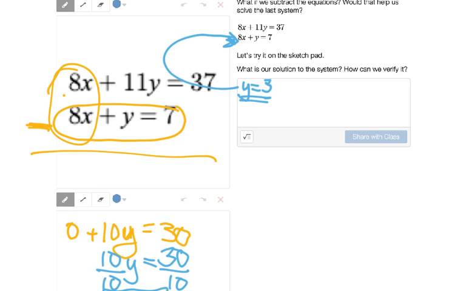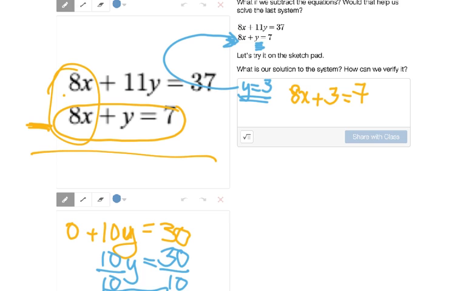I could do either one, but I'm going to use the second equation. So take a look what I do. I'm going to substitute the value of y is equal to 3 right here in for that y. So this is what it looks like. 8x plus 3 is equal to 7.